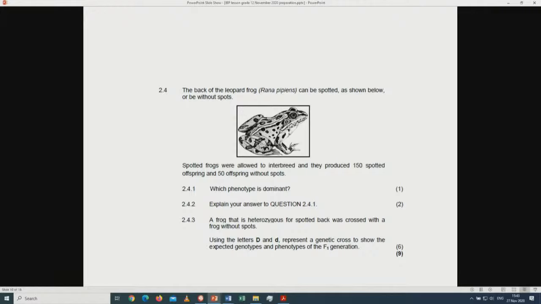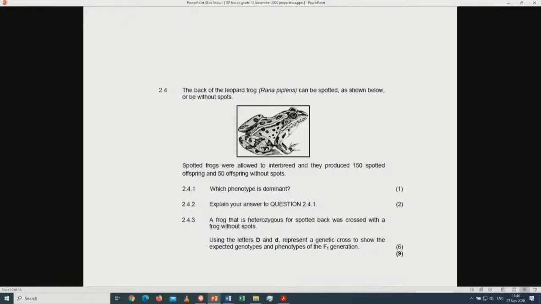Now, which phenotype is dominant? Is it the spotted frogs or the frogs without spots? The answer there is the spotted frogs, and the explanation is that when spotted frogs are crossed, they also produce frogs without spots.